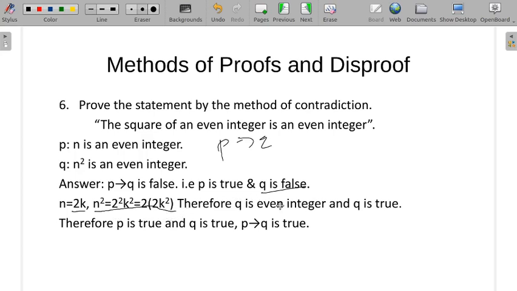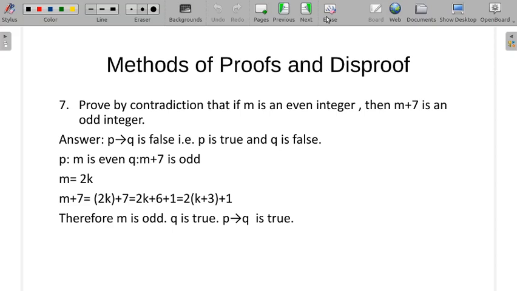That's why Q is an even integer and Q's truth value is 1. That is true. So therefore P conditional Q is true, and we first assumed that P conditional Q was false, but now we know that P conditional Q is true. Proof by contradiction.